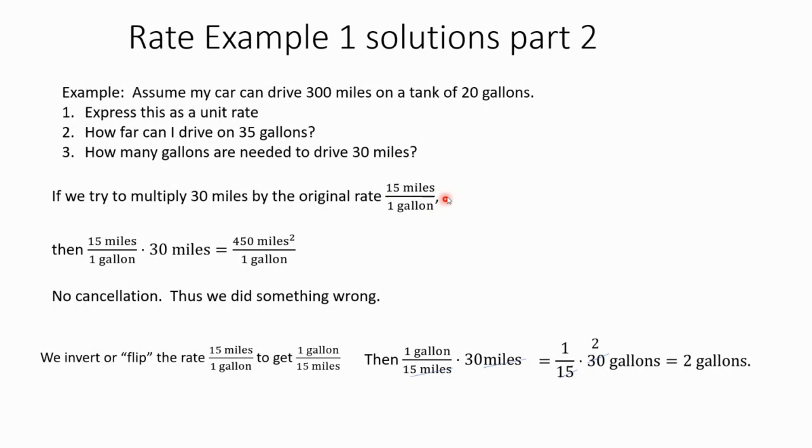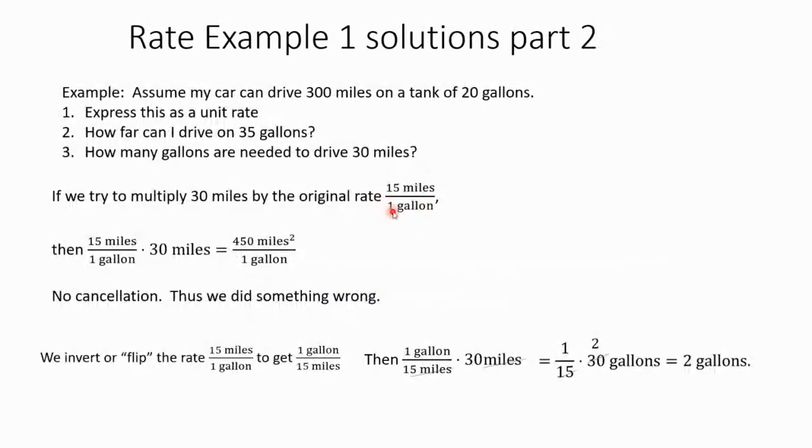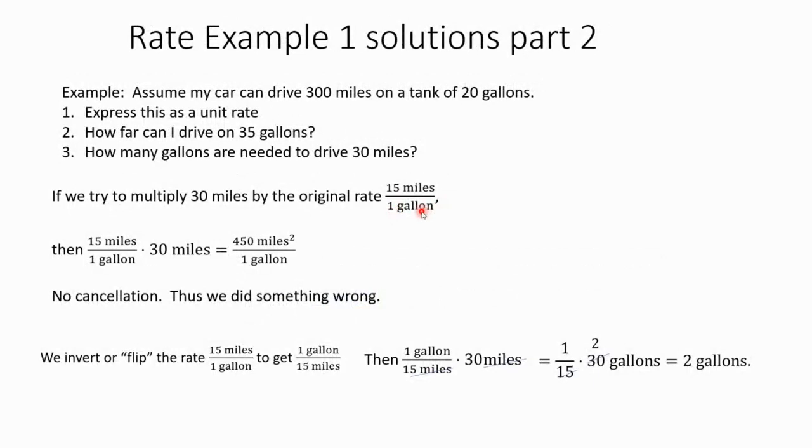Well, if we were to, without thinking, multiply by this same rate we had over here, in the denominator we have a 1. Here we had gallons, here we have gallon, but it's the same thing.